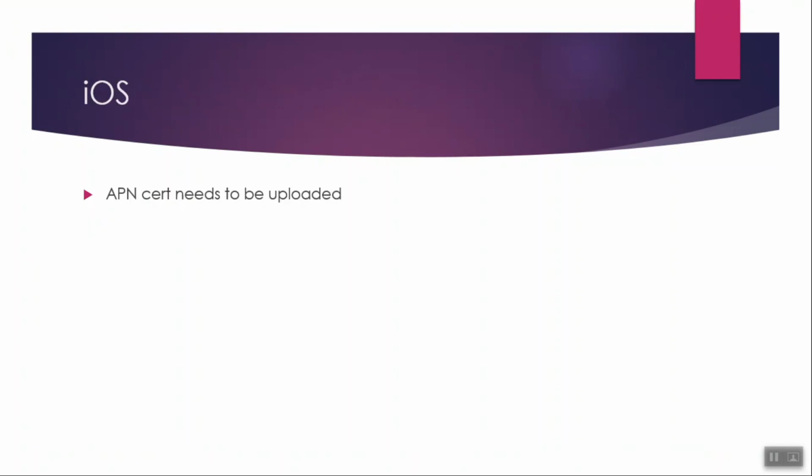Then the second step would be setting the MDM scope appropriately in the Azure Active Directory blade. Once that has been done, for iOS, all that needs to be done is downloading the cert from the Intune portal, uploading it in the Apple portal, downloading the .pem from there, uploading it over here, establishing the channel, making sure that it's active.